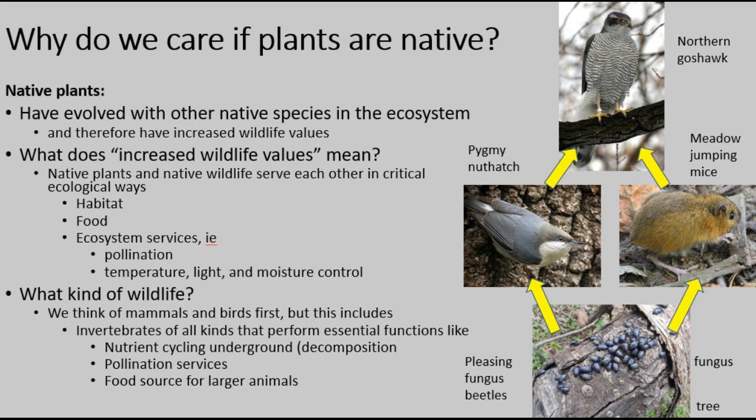So pollination is a really simple one. A lot of plant species require a pollinator, an invertebrate, to complete their sexual reproduction process. But we can also think about how temperature and light and moisture are controlled by the vegetation.